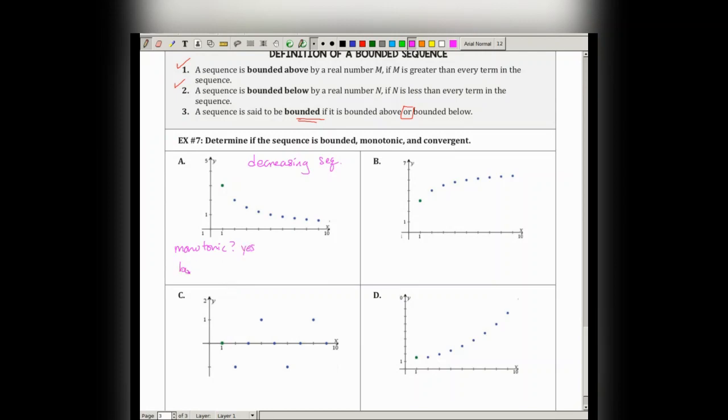And is it bounded? I would say yes as well, because it keeps getting closer and closer to 0. Basically, we can also say that 0 is less than all of the terms here. And so we can say it converges to 0. Any questions?